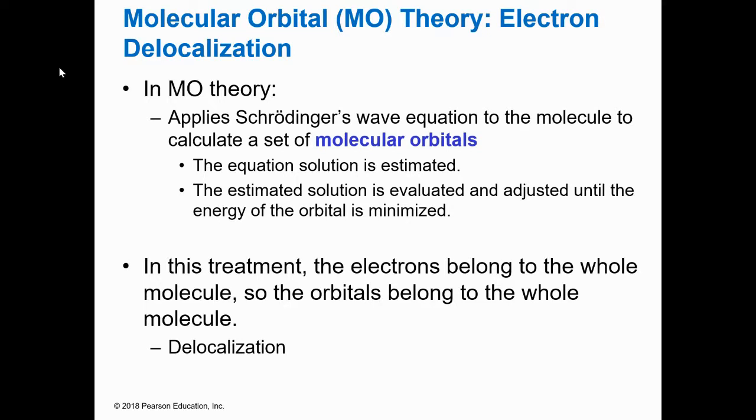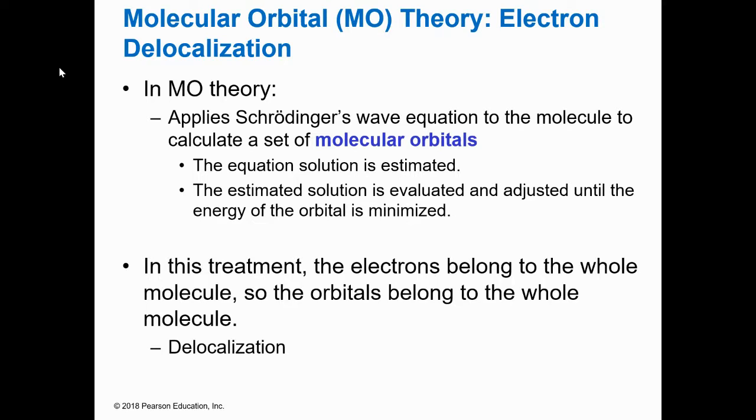In molecular orbital theory, you need to think about electrons as a wave. You're going to hear it again and again. You have to think about them in terms of a wave. We'll get to why in just a few minutes, but keep that on the back burner.